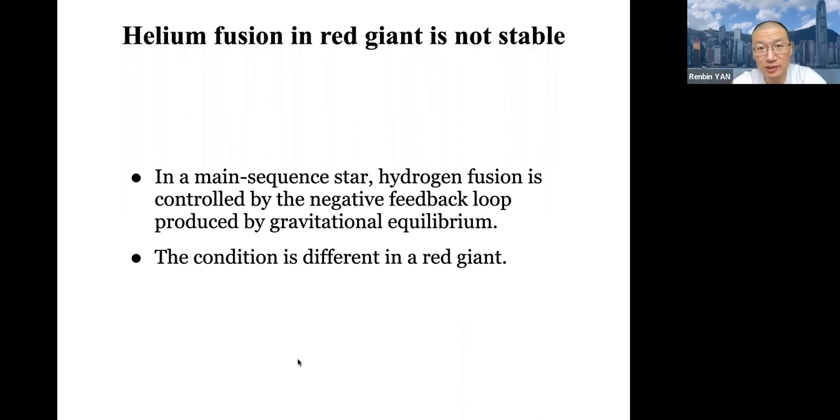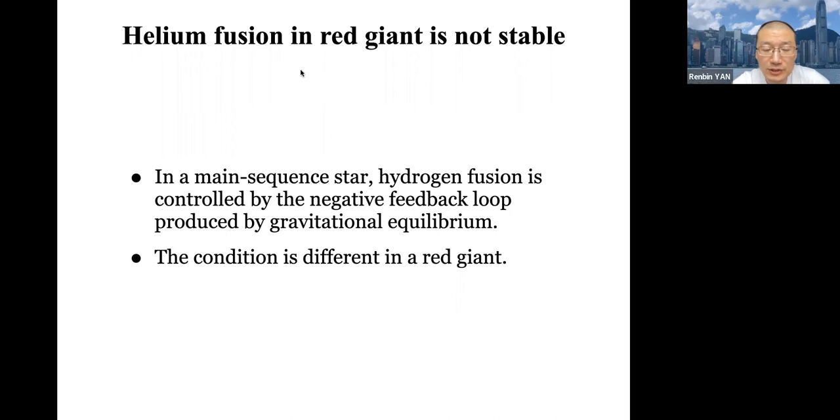So it's much harder to push two helium nuclei together. That process is difficult, and that is why it requires a higher temperature. It requires 100 million Kelvin for that to happen. But also, if you want to start helium fusion in the core, that process is actually not stable.